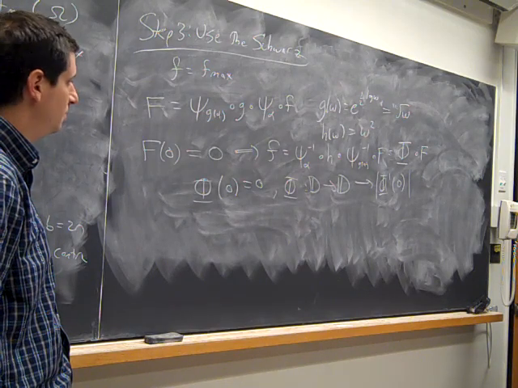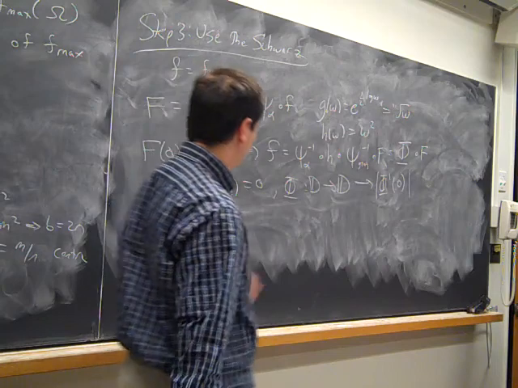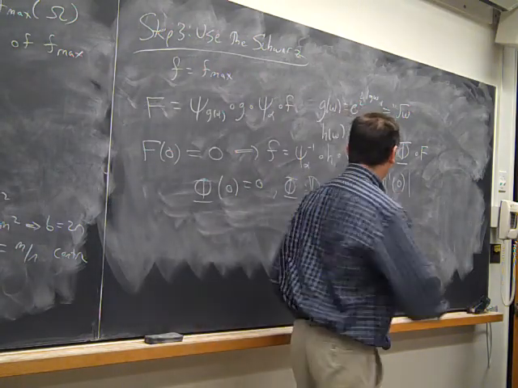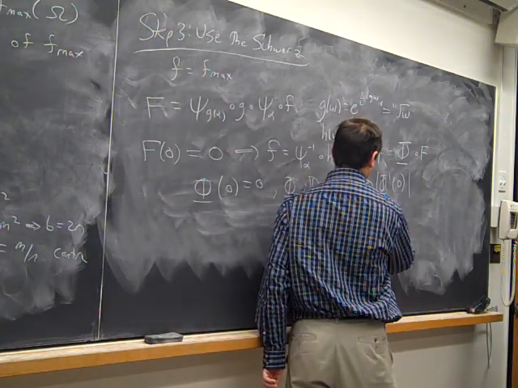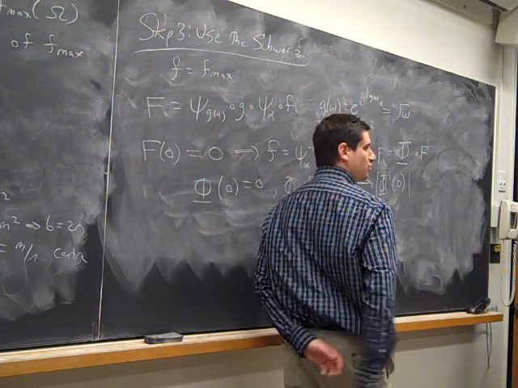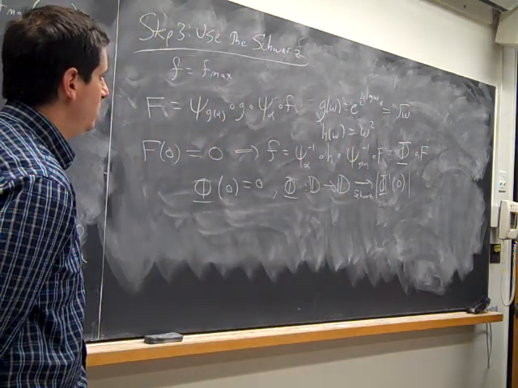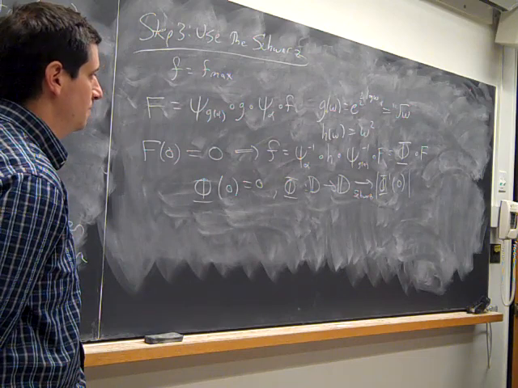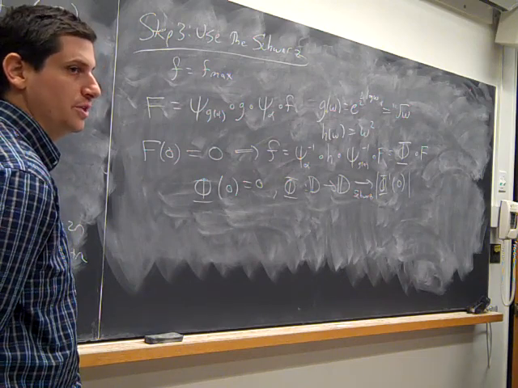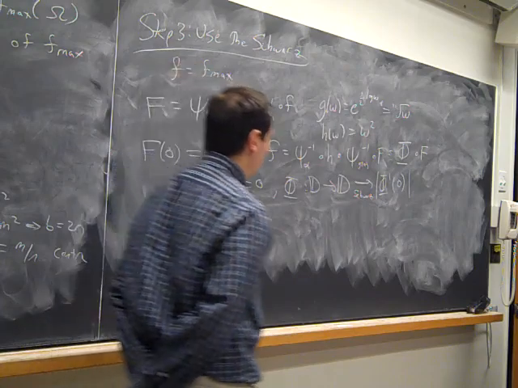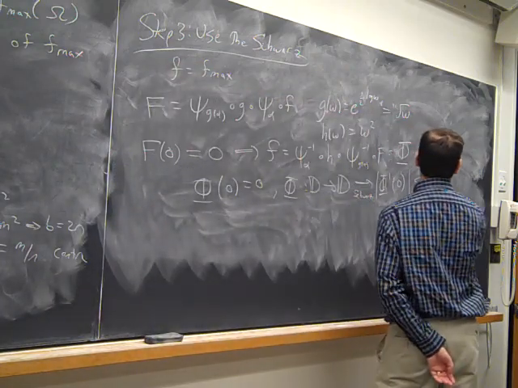Wait, can you just clarify that last point a bit? Which point? This point? Yeah. This is now where we use Schwarz. So by the Schwarz lemma, the only way we can have it is if it's a rotation. And phi is not a rotation. So it's strictly less than 1.